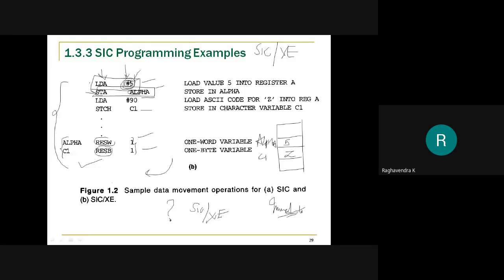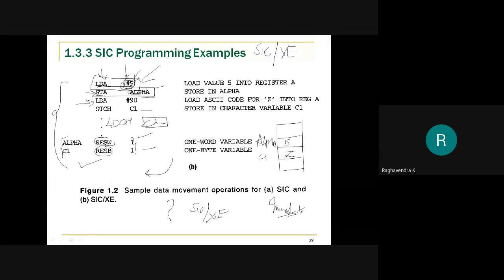So here we are using the immediate operand in order to execute the instruction. In a similar way, here, in the previous case we had used LDCH, but we had stored a character constant in memory called CHARZ.